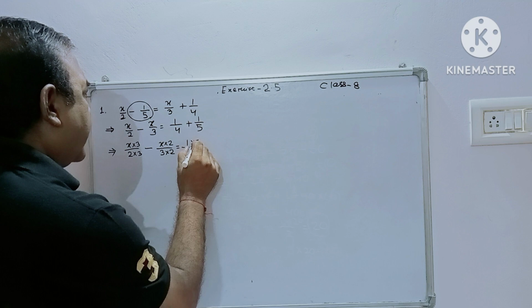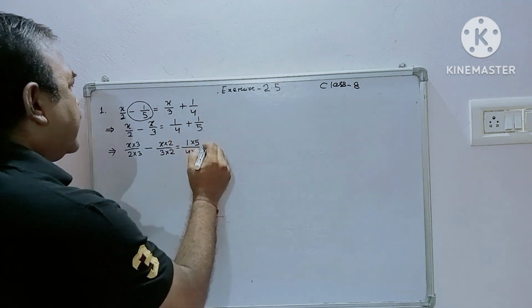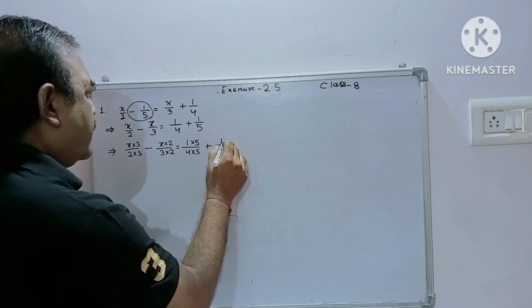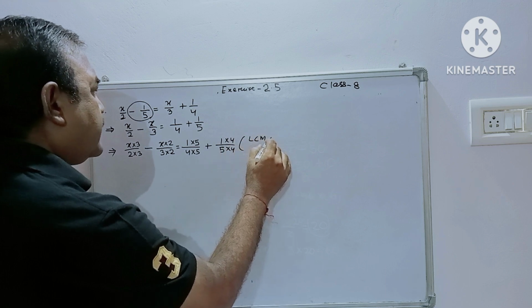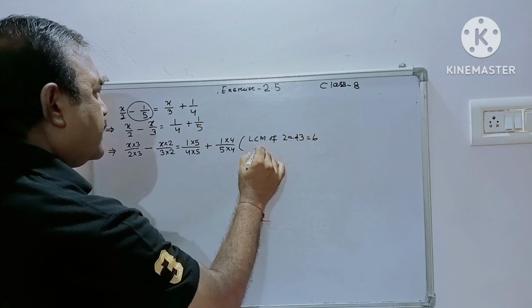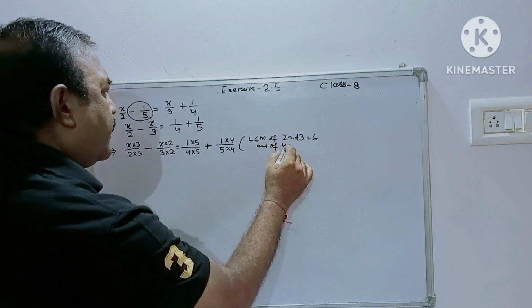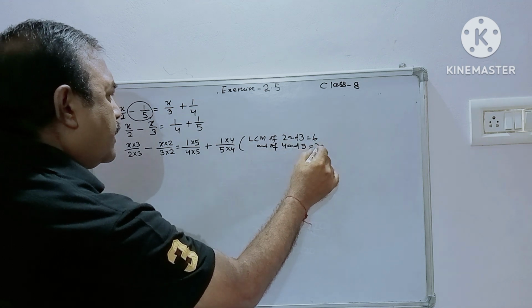We have to multiply by 5 both the numerator and the denominator, plus 1 upon 5, 5 into 4 and 1 into 4. And we write here LCM of 2 and 3 is equal to 6, and of 4 and 5 is equal to 20.